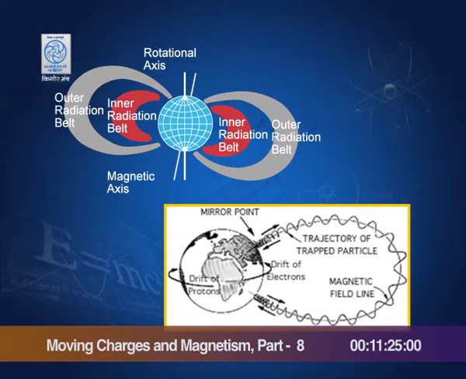So, the field is stronger, and you will learn later, if you happen to learn plasma physics, that a strong magnetic field here reflects the particles back, and the particles then keep on moving back and forth from here to here. These are called mirror points, because the reflection is like a mirror. These are the places where the magnetic field is very strong.